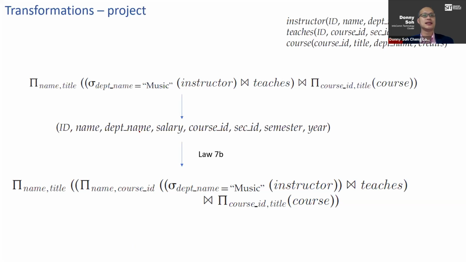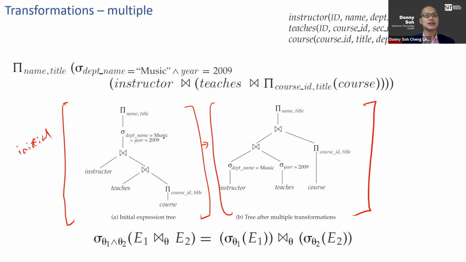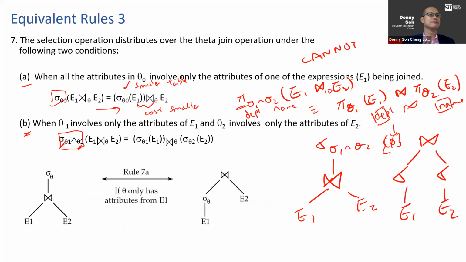So this is the other example. In this example, we do a project. Earlier we did more of the selection. Let me see. 7B, what's 7B again? 7B is selection.